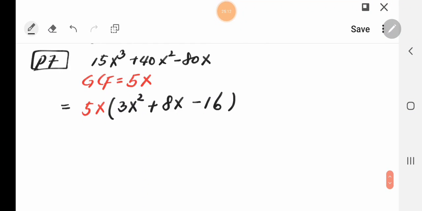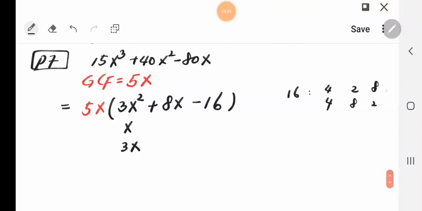From this trinomial, let's find the match. The first term is x times 3x. 16 is 4 times 4. Actually, 16 is 4 times 4, or 2 times 8, or 8 times 2, and you put the negative sign on either side.